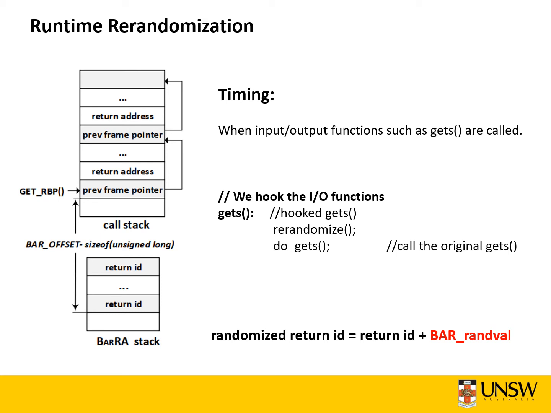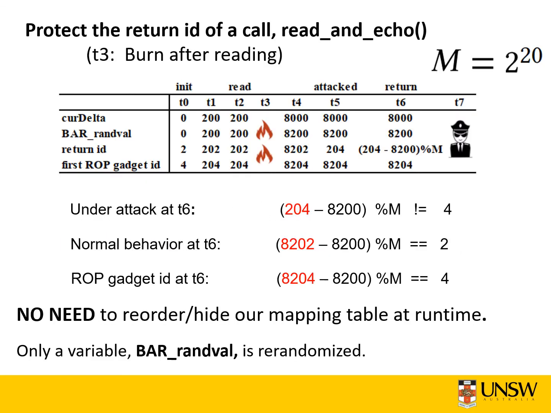As shown in this slide, we can hook the input or output functions such that a runtime rerandomization will be triggered when these functions are called. Here is an example to explain a runtime rerandomization.